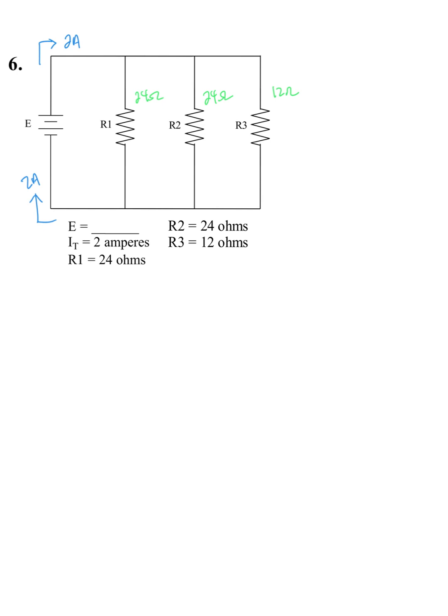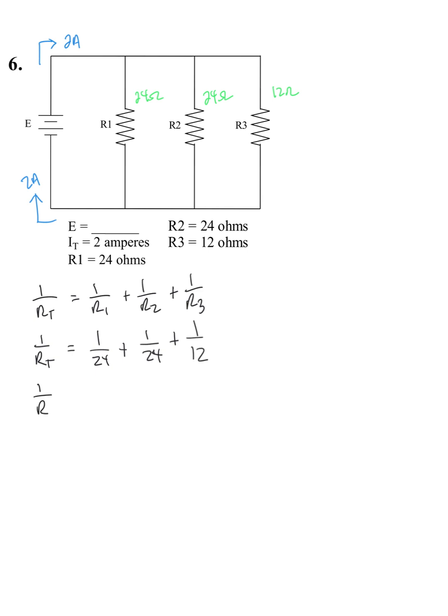So the very first thing I want to do is figure out my resistance total. Same formula, 3 branches. So 1 over RT is equal to 1 over R1 plus 1 over R2 plus 1 over R3, which is 1 over 24, plus 1 over 24, plus 1 over 12.